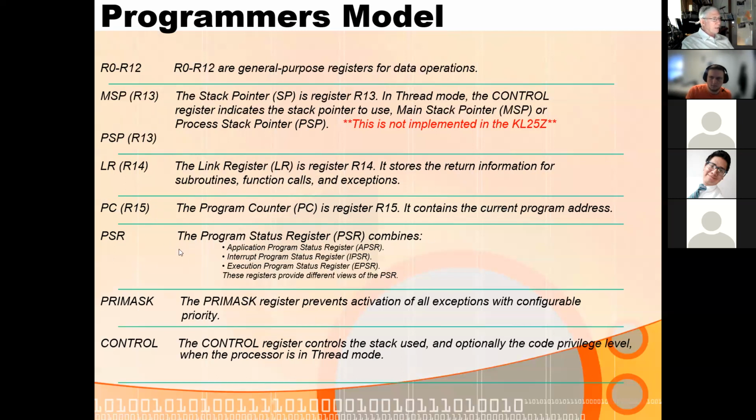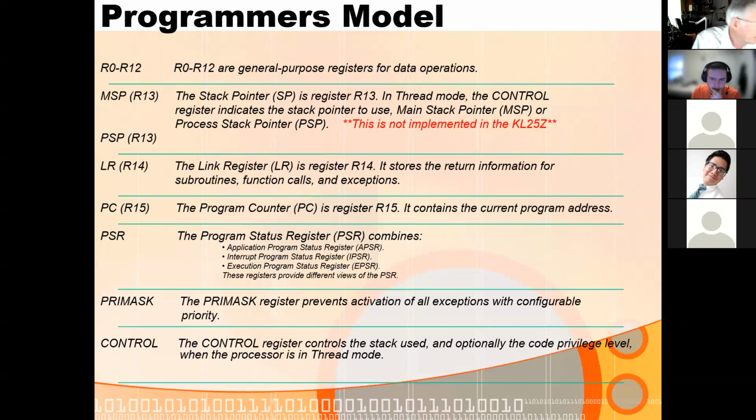And then there's the program status register. Again, all these are 32-bit registers. This is a 32-bit register, and there's only a handful of bits even implemented in it. It's divided up into these other parts, but they're all part of this same program status register. There are some status bits on this chip.